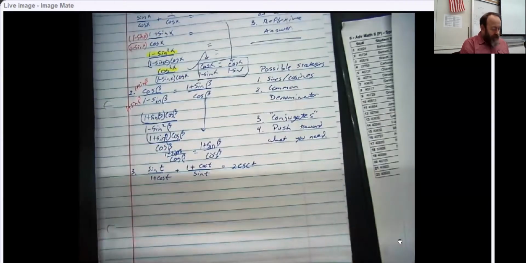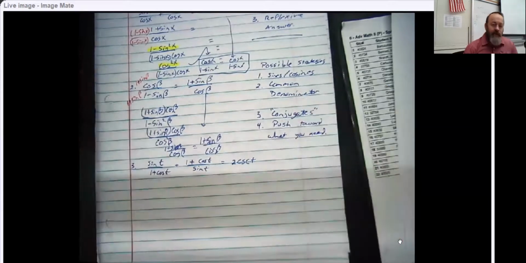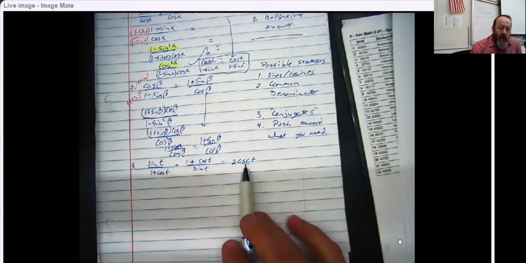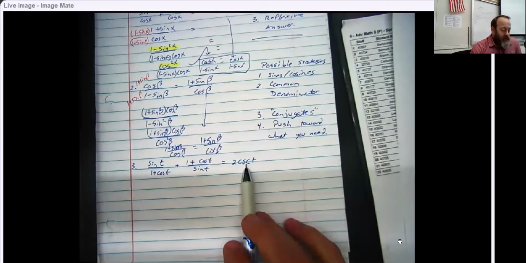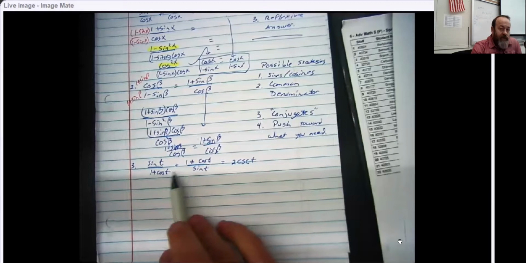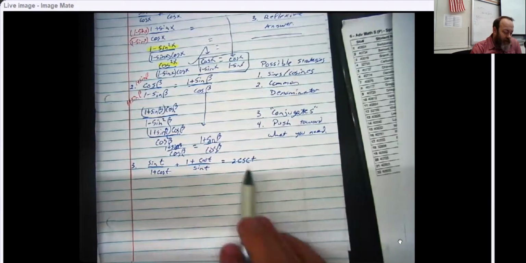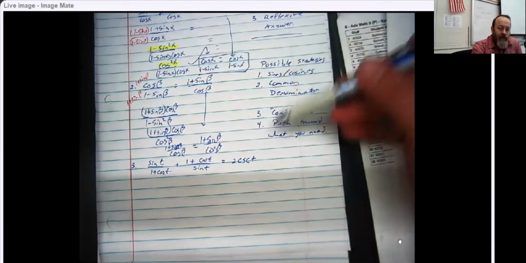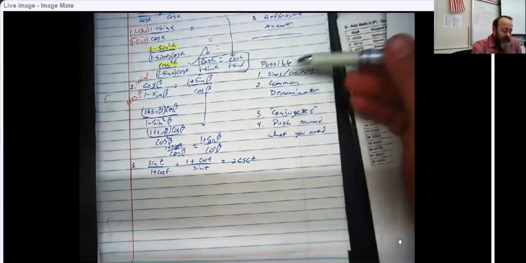Now, the last problem that I was going to show you is this one right here, which is technically one of the more complicated problems, but there's something there that's kind of awesome. I want a cosecant. So notice that I'm going to go ahead and modify this because it looks harder, but I want a cosecant, which means I want a sine in the bottom.